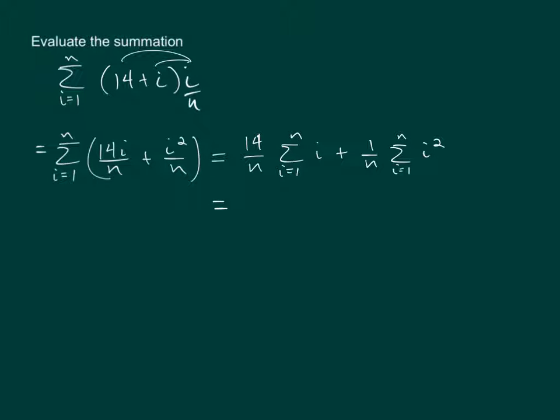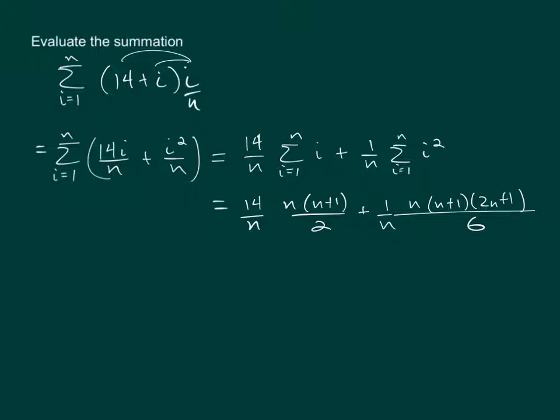Then the next step is to evaluate these sums using our formulas. So when you do that, that will give you 14 over n times n plus 1, all over 2, plus 1 over n times n plus 1 times 2n plus 1, all over 6.